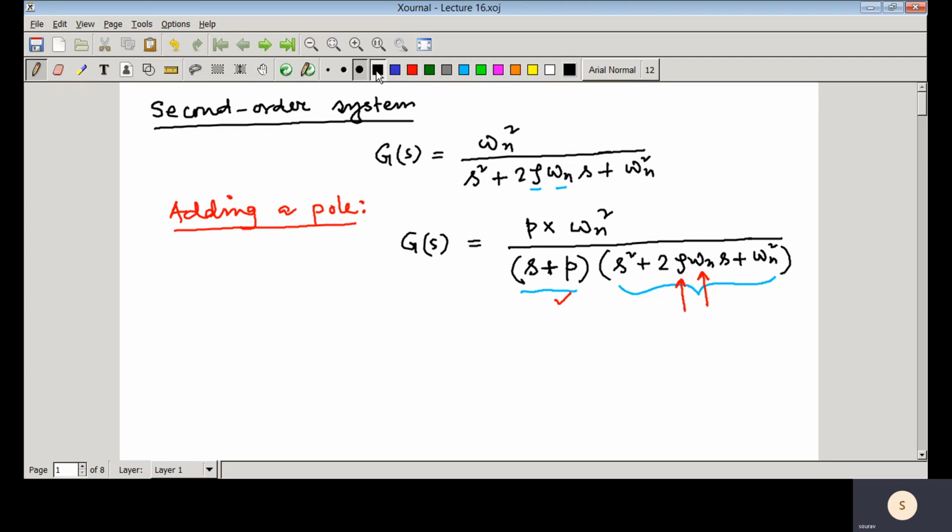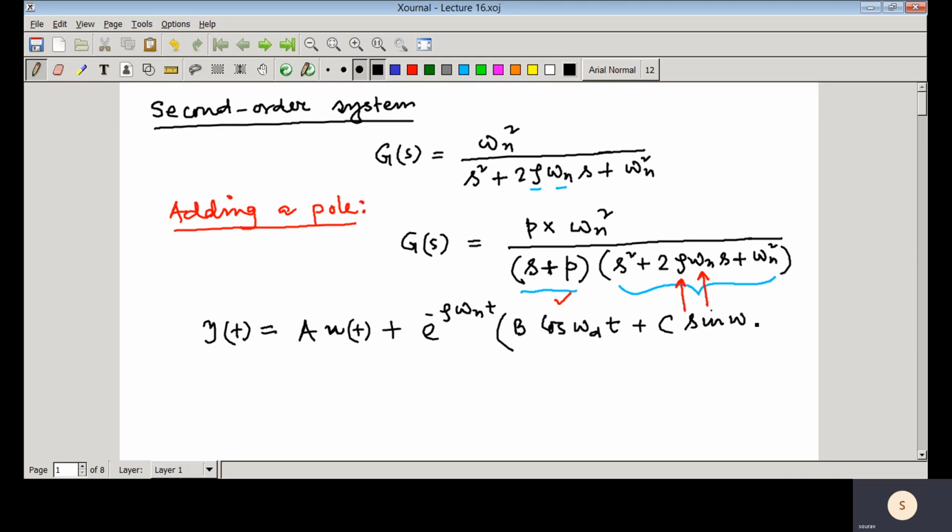So if we write the step response for this transfer function, the expression is A u(t), where u(t) is the step input, then e to the power minus zeta omega n t times B cos omega d t plus C sin omega d t, plus a term D e to the power minus p t.